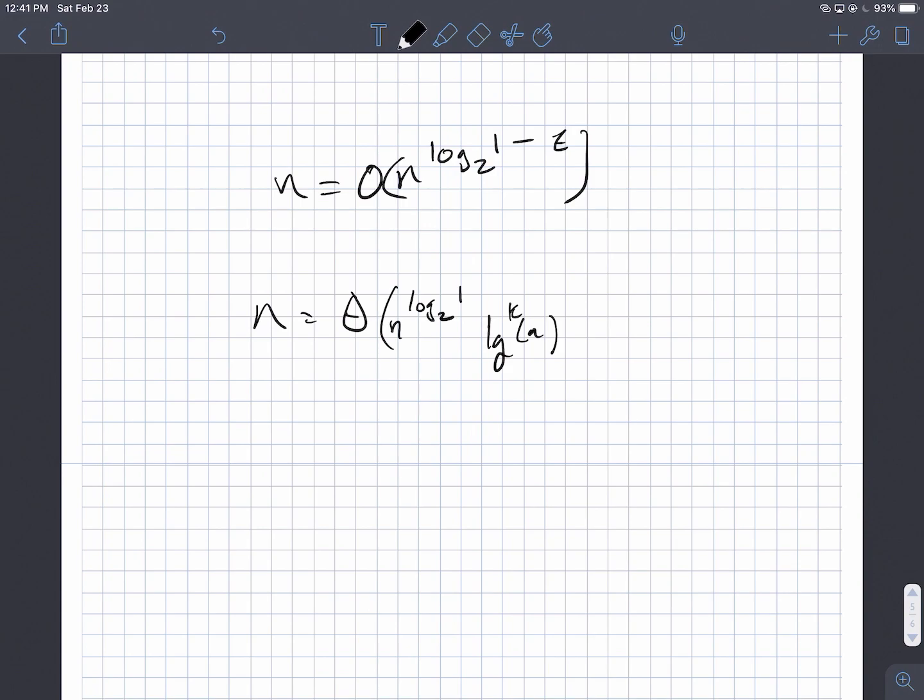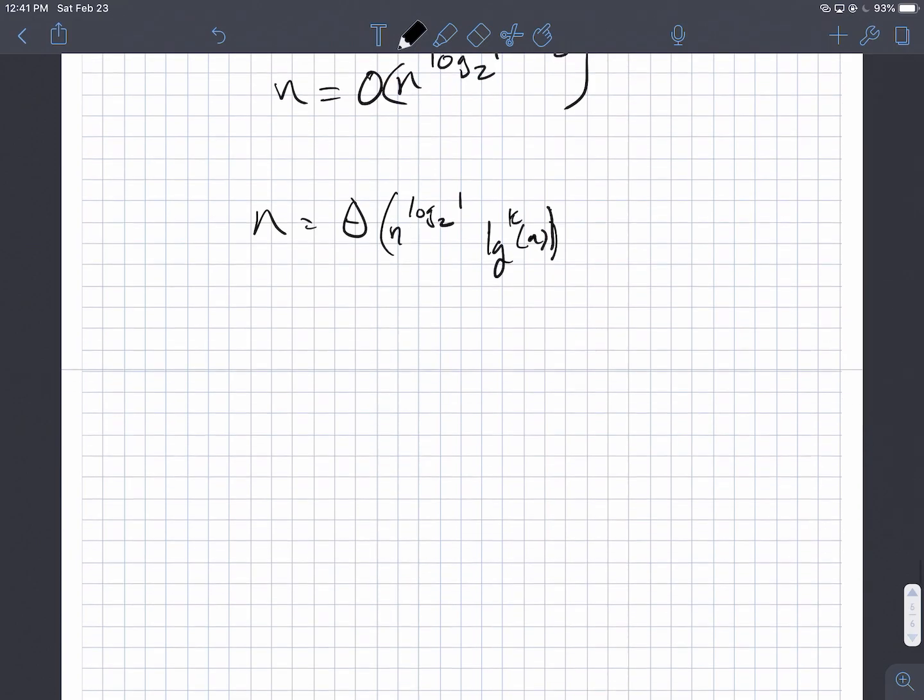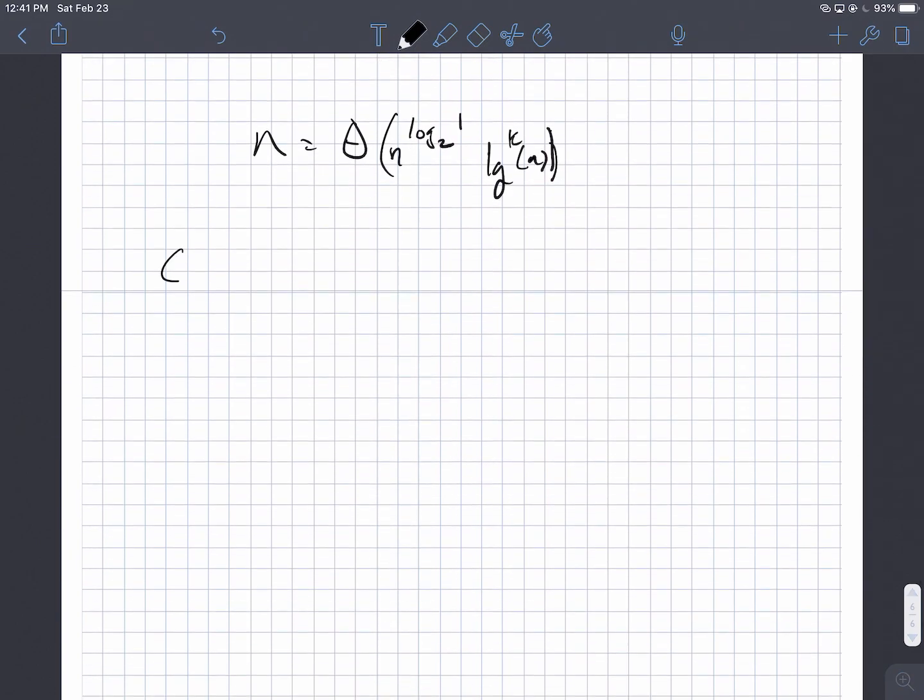So are we in this case where n is big theta of n log n? No, we're not in that case. So then we go to case 3.